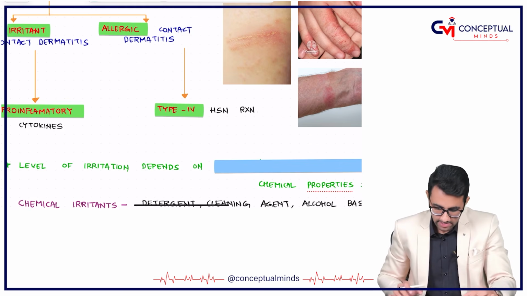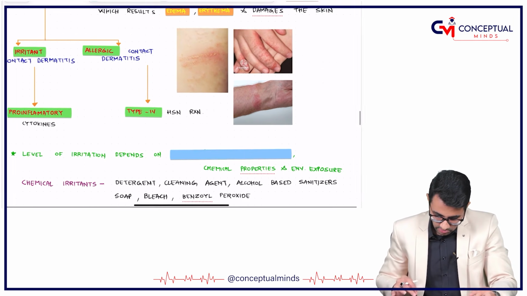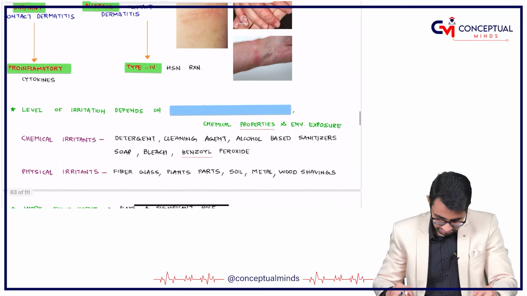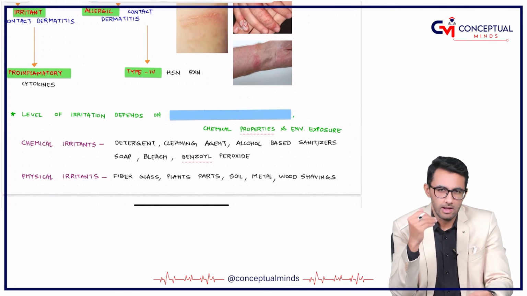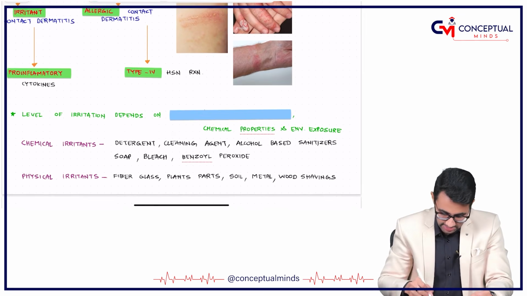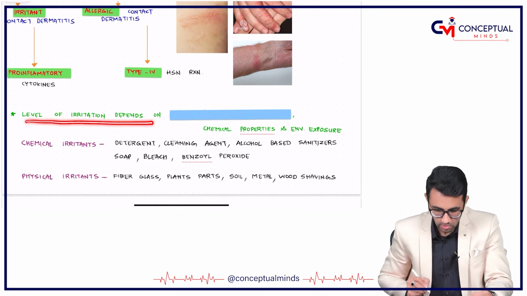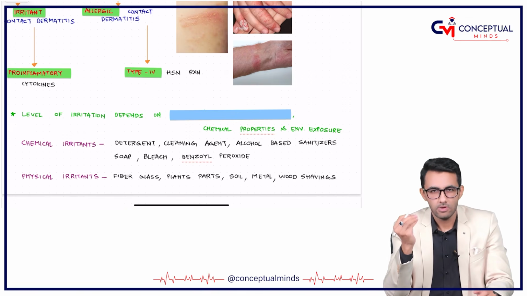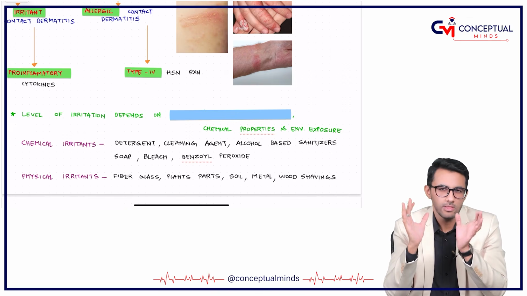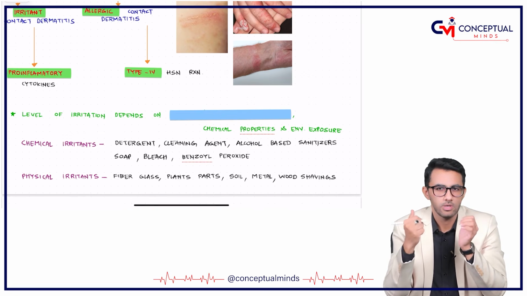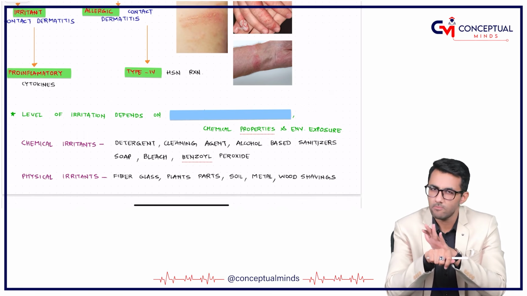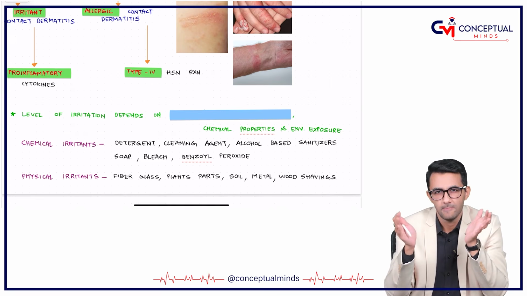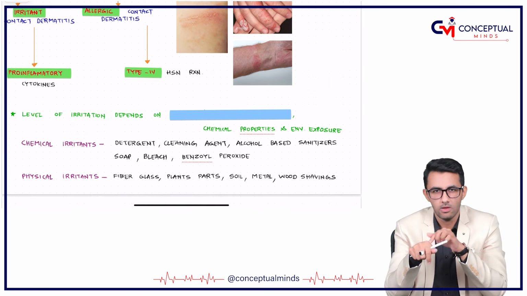Pretty simple. Let us see about the level of irritants. It is a pretty easy question to answer. The level of irritant depends on what? This whole condition is caused by some substance abusing the skin, so it is directly proportional to the amount and time of the substance in contact with the skin.